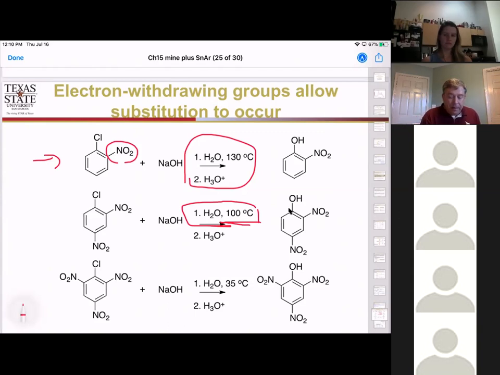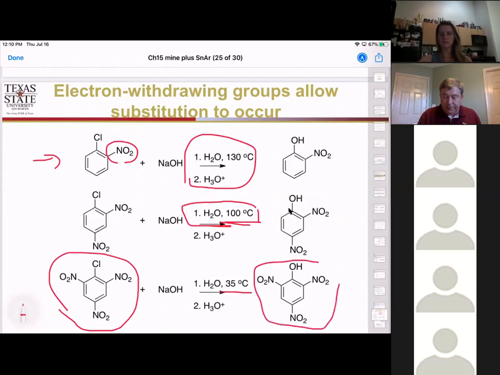And by the time we add 3 nitro groups to our system here, we can practically do this at room temperature. It just spontaneously converts over in the presence of hydroxide and generates our substituted material. And this material actually is well known in the explosives community as picric acid. So just an aside, you don't need to know that, it's just fun.